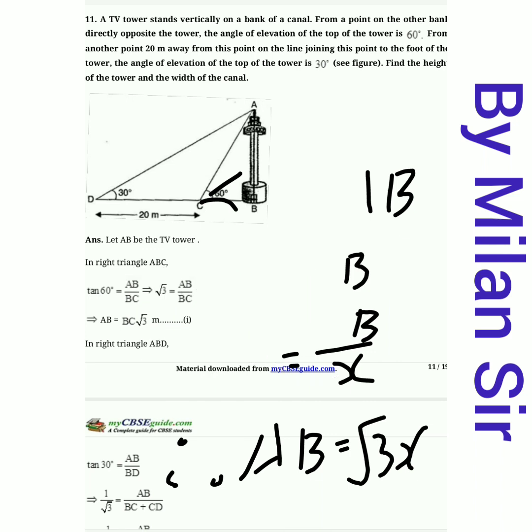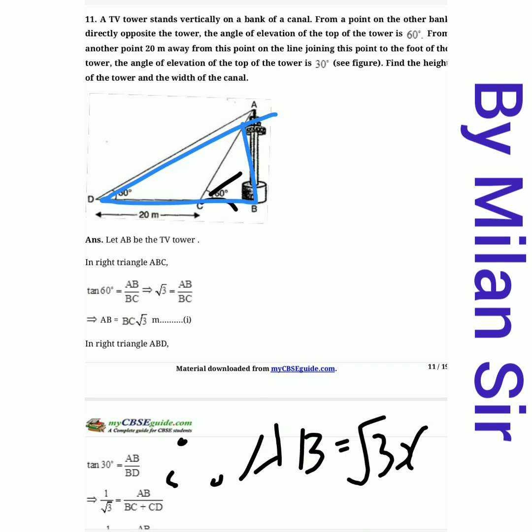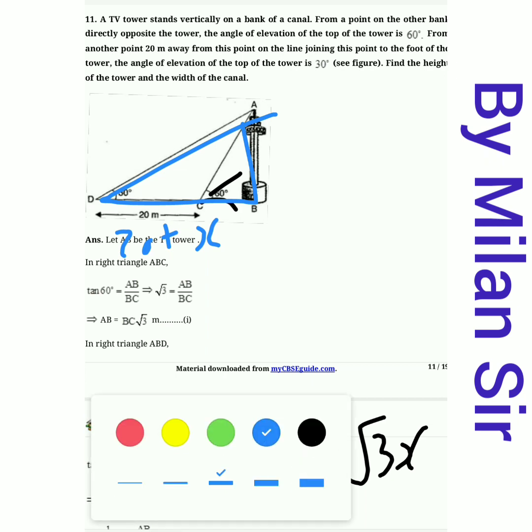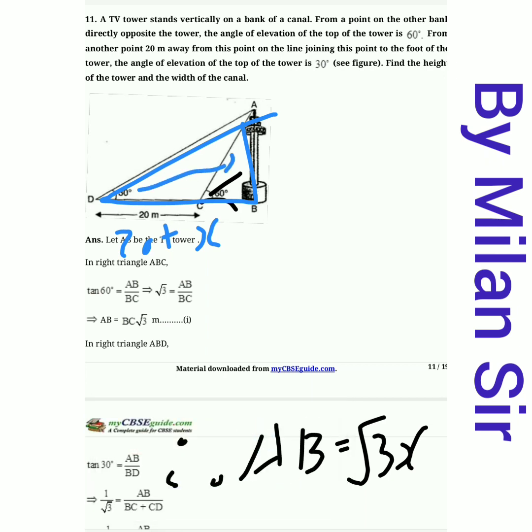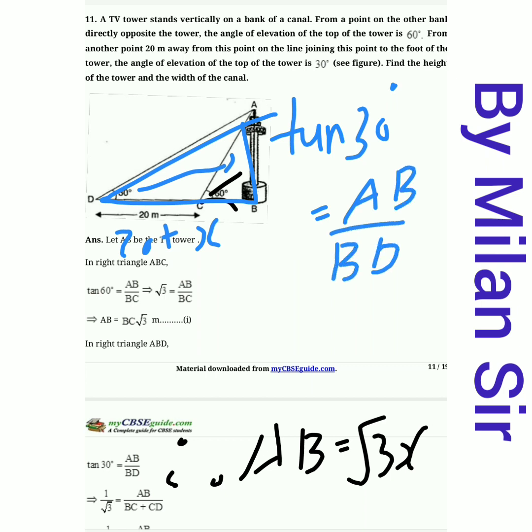Now we use the second triangle, ABD. Right now the angle is 30. This side is 20 plus X. Again, we need to find the relation with the opposite side AB, so the opposite side and adjacent side are there. That's why again we use tan here. So tan 30, because right now the angle is 30 degree, is equal to the opposite side AB upon the adjacent side BD.